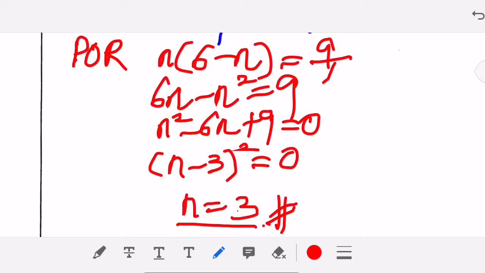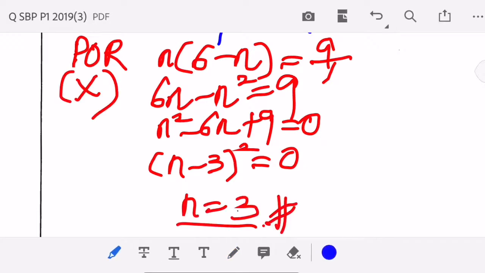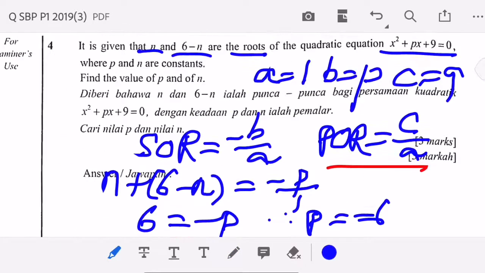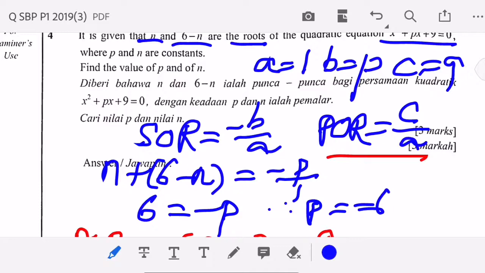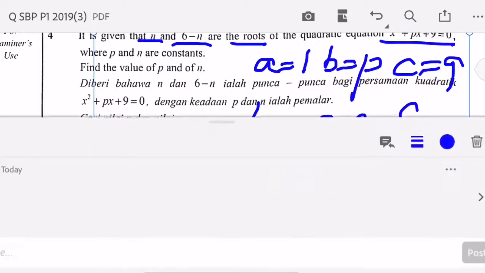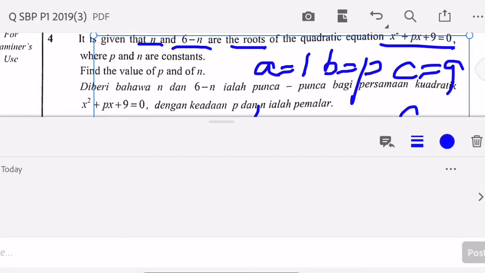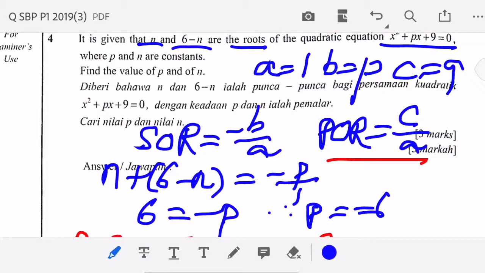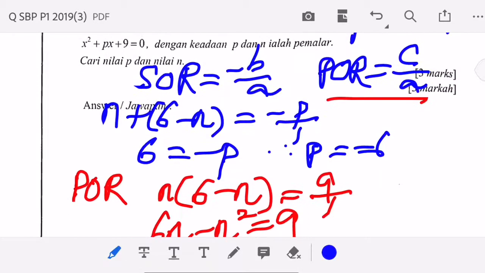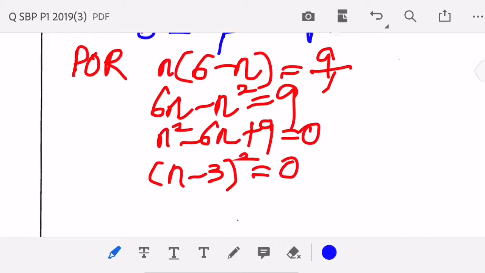Alright, so this question I noticed that many students cannot do it because they can't recall the formula. Sum of roots is negative b over a and product of roots is c over a. So this formula will not be given in the SPM exam. Alright, so please memorize the formula from now on.